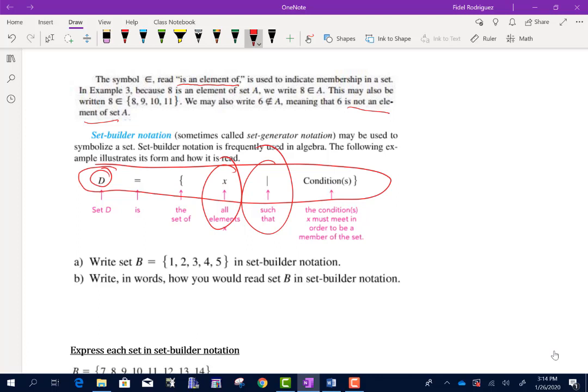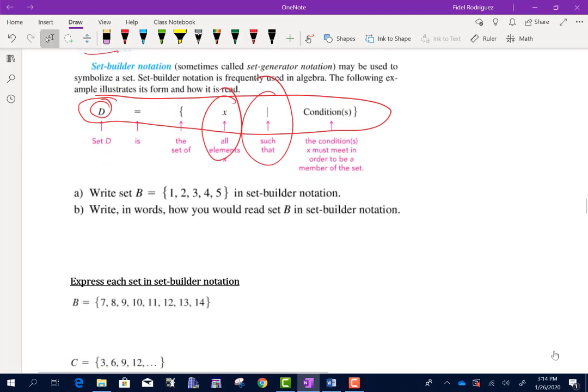So let's go through this first example and see if we can figure this thing out. It says write the set B in set builder notation. So let's do this. The set B, I'm going to use the same format: equals all the elements X such that. Now let's take a look at this piece right here.